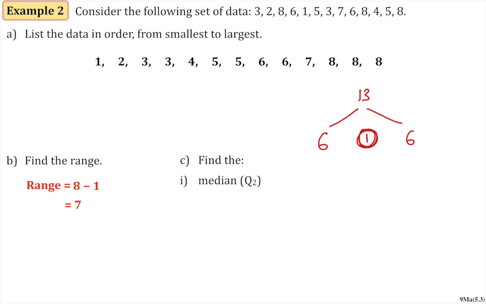So if I actually count in 1, 2, 3, 4, 5, 6, that's my lonely number in the middle, and let's just double check. 1, 2, 3, 4, 5, 6 numbers to the left of it. 1, 2, 3, 4, 5, 6 numbers to the right of it. So that number is my median, which is the middle number. So we can mark it. The median is 5.